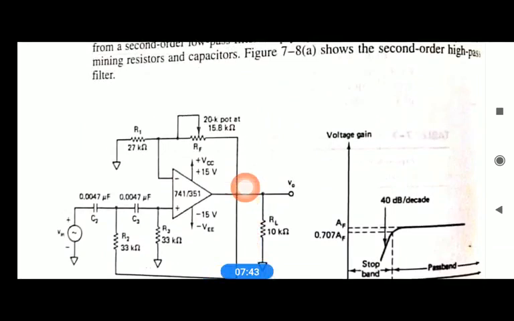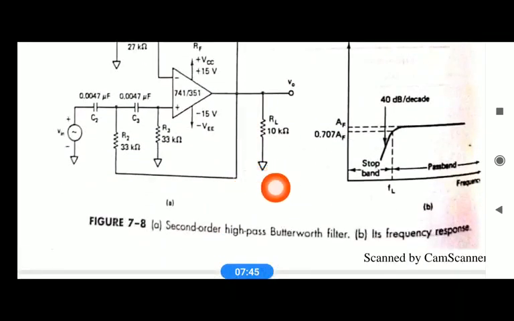So you will get R, which is 33 kilo. Therefore R2 and R3 are equal to R, which is 33K, and C which you selected is C2 and C3, which is 0.047 microfarad.